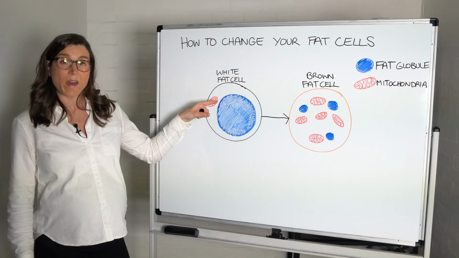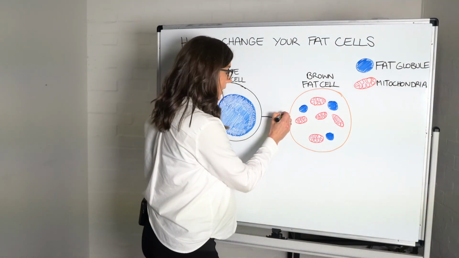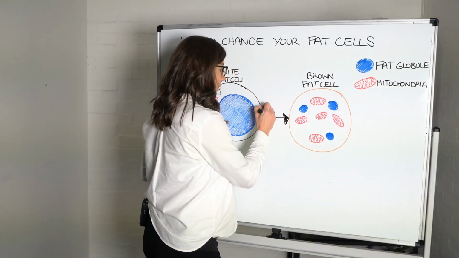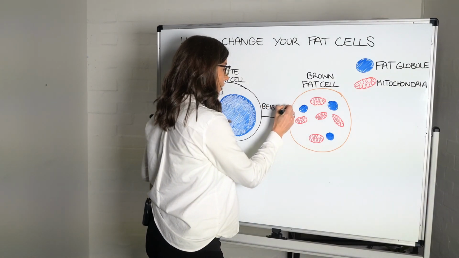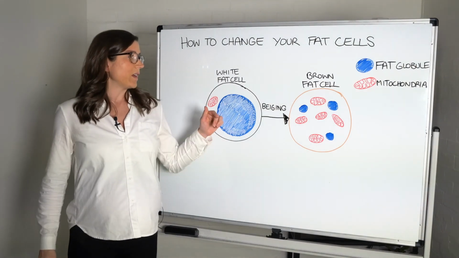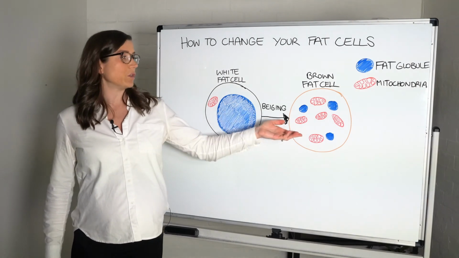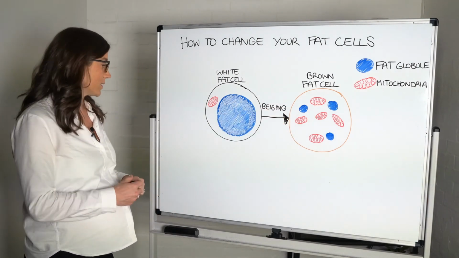Making these white fat cells more like brown fat cells has a name. It's called beiging. So beiging is turning your white fat cell into more like a brown fat cell. So how do we do this?